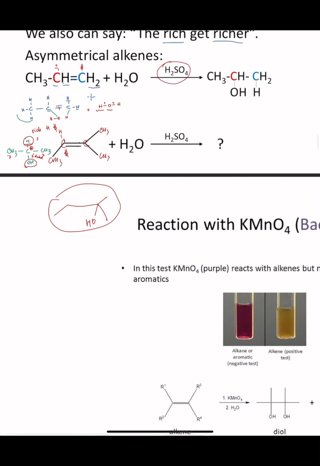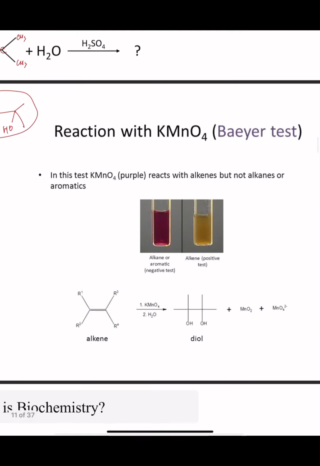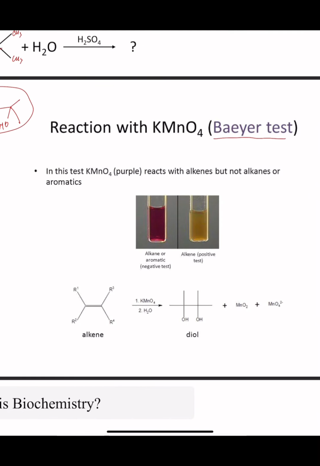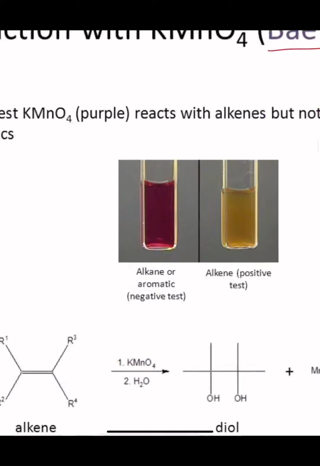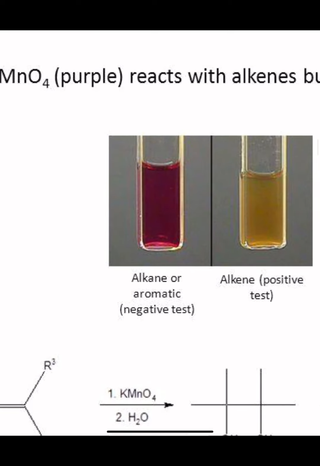Okay. Now there is one more addition reaction, which is the Bayer test. Now the Bayer test, we did this in the lab. If you remember, we had a dark purple mixture. And then the color was changing and going towards colorless when we inserted the tube in here, when the alkene was going through the test tube.